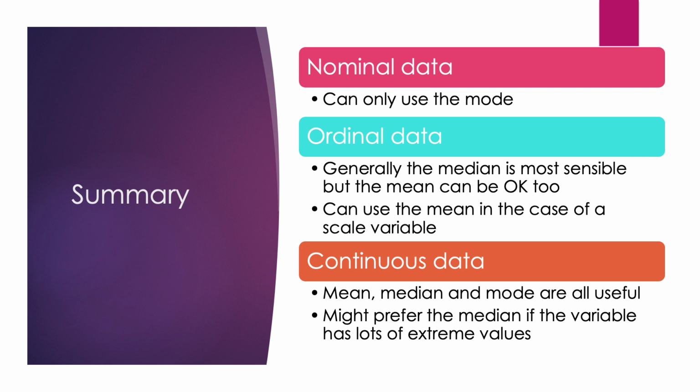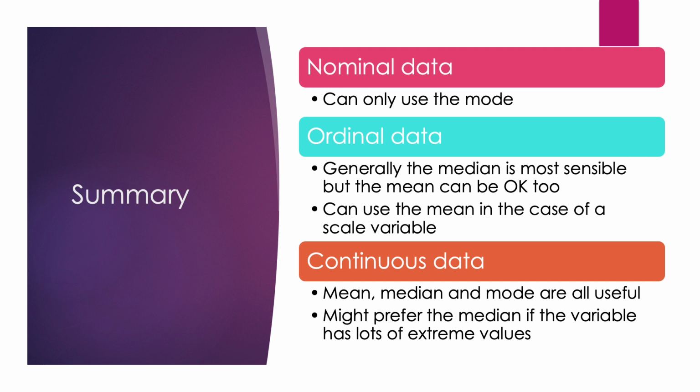In summary, for our measures of central tendency, for nominal data, you can only use the mode as a measure of central tendency to explore our variables. In ordinal data, generally the median is most sensible, but the mean can sometimes be okay to use too. You can definitely use the mean in the case where you have a scale variable.